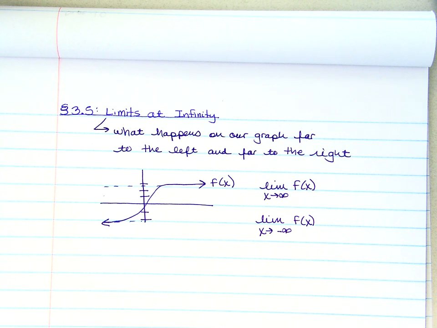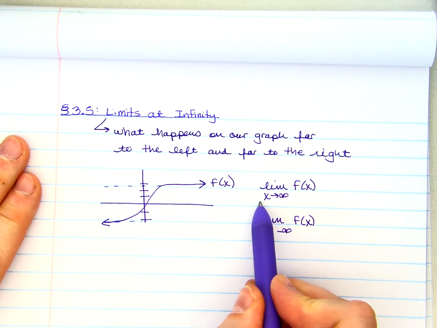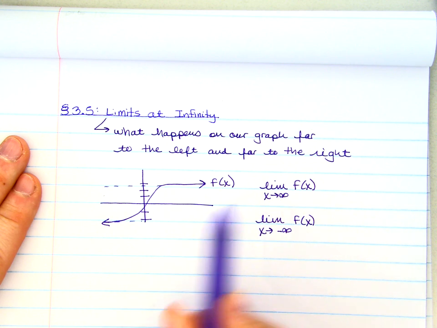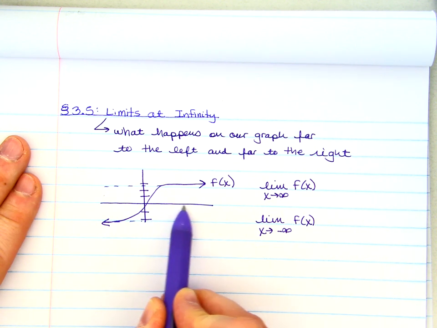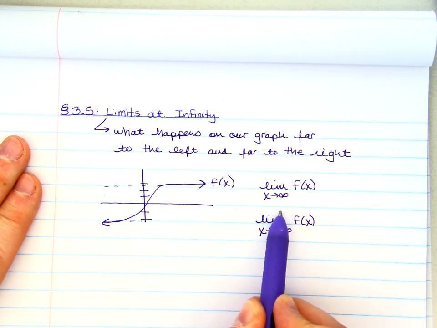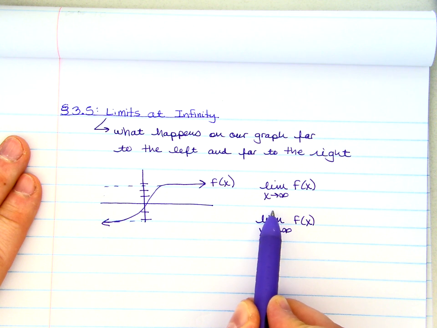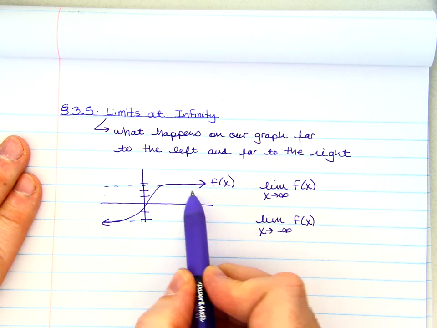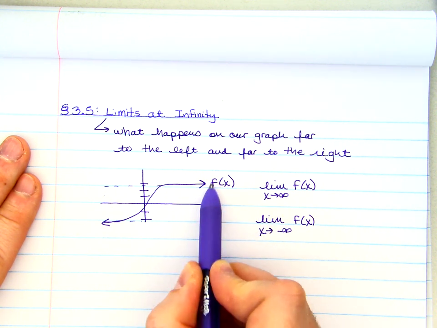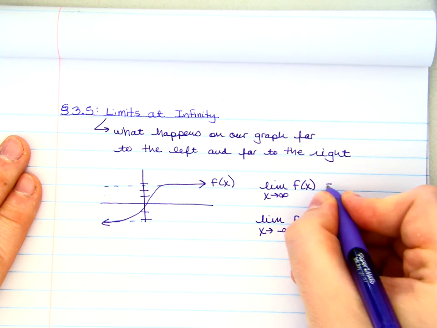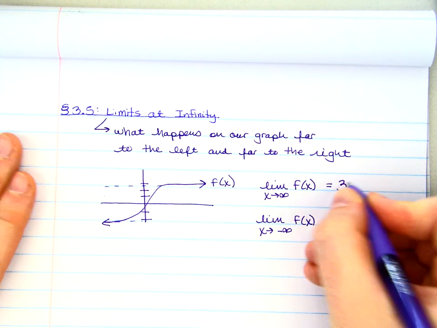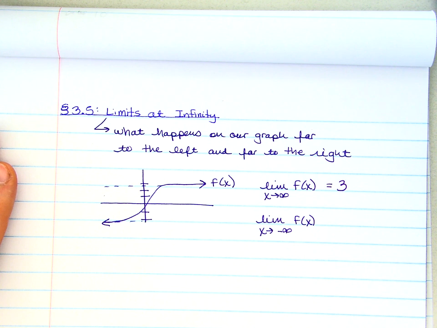The limit as x approaches infinity is really saying, as x gets really big, as we go way far out to the right, is there a y value I'm getting close to? Yes, there is. My graph is getting really close to the y value of 3. The limit as x approaches infinity is 3.